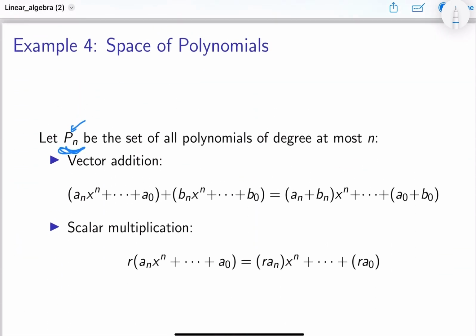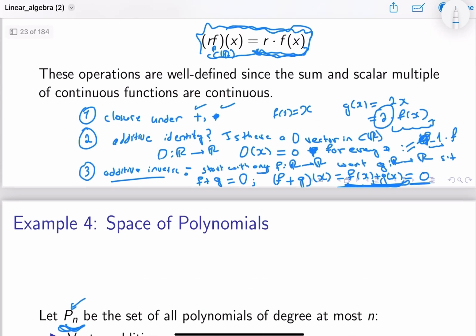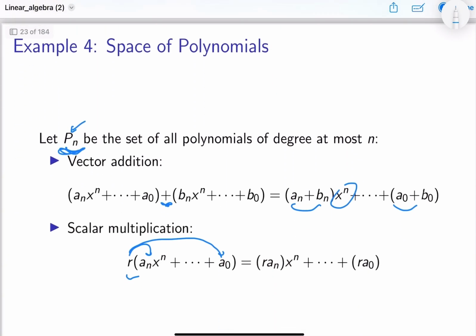You define again the addition to be element-wise: you add the coefficients of the corresponding power of x, and you do scalar multiplication also, quote unquote, element-wise, and you see that the same properties will also hold trivially, just as we proved for the space of continuous functions.